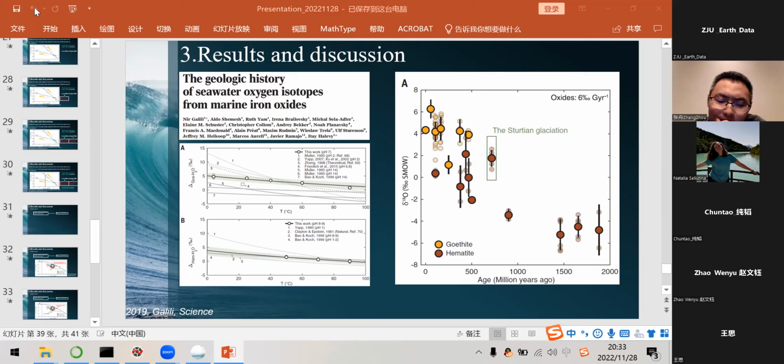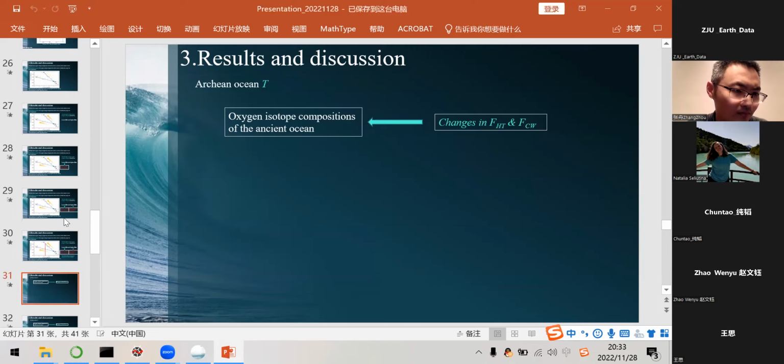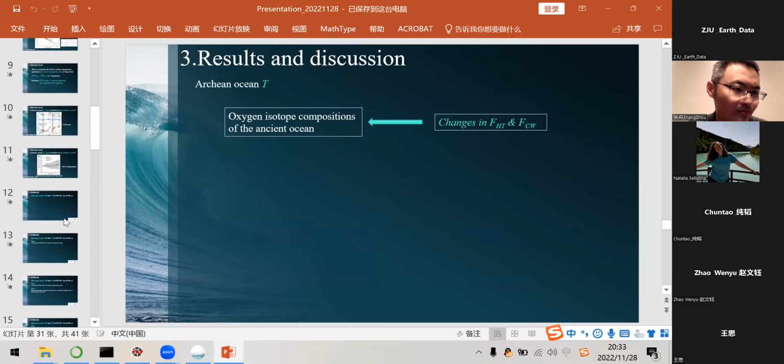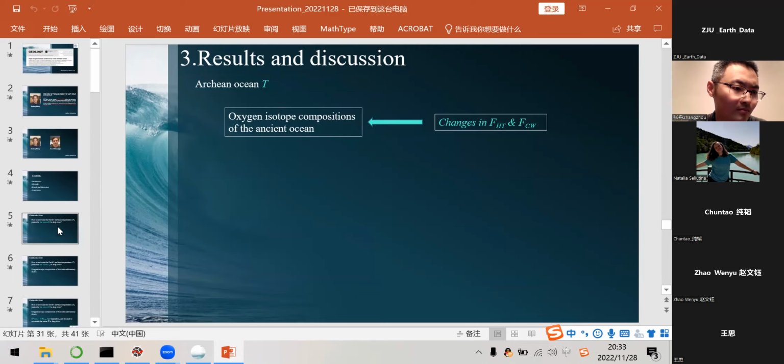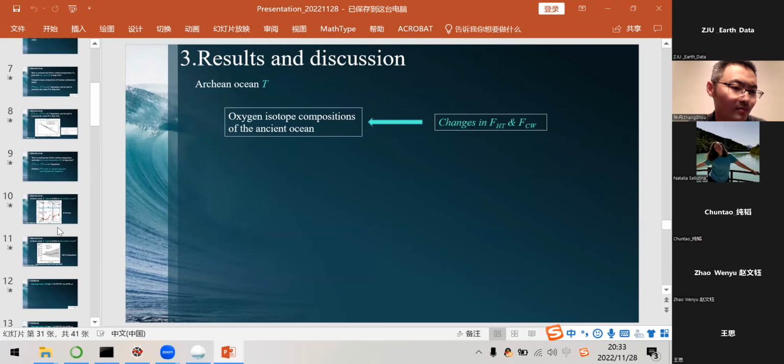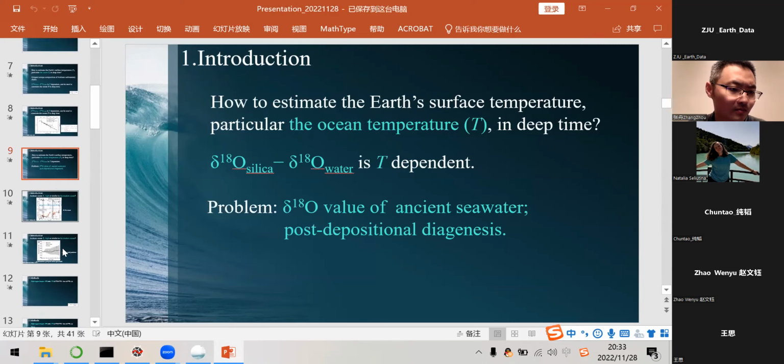Yeah, I don't know about the Archean Ocean. I don't know what their pH is, for example, are they the same? A lot of water chemistry could be different. Yeah, some models have calculated the temperature, as I showed in the PowerPoint, slide 11.